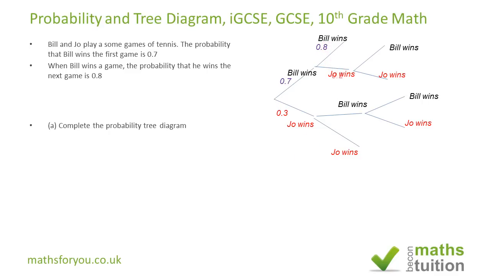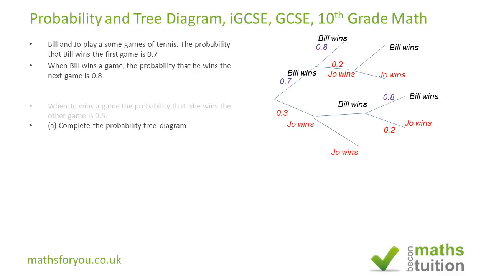It's not impossible. That's what happens there. If Bill wins there, the probability that he's going to win the third game is going to be 0.8. So that's 0.8 there. And if that's 0.8, so that's going to be 0.2 there. Okay, I think that's it for Bill.